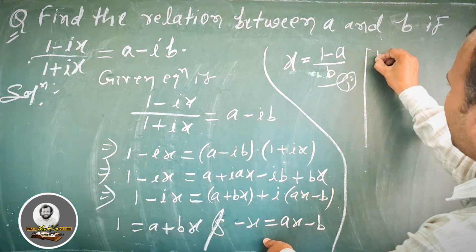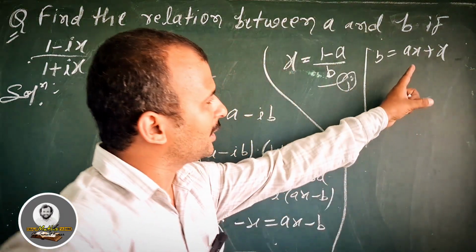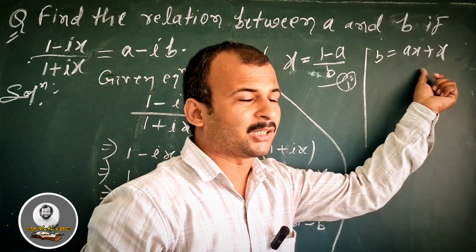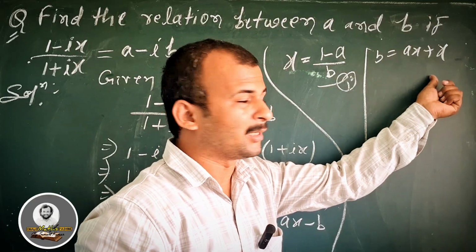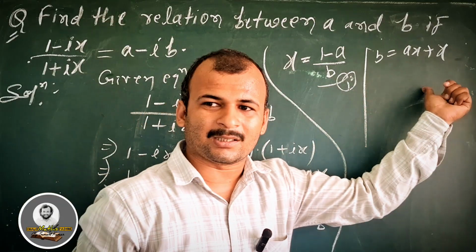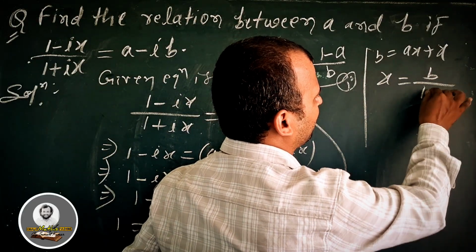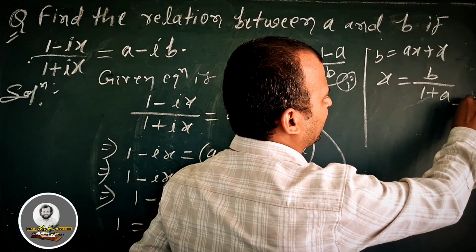So b equals ax plus x, and taking x common from these two terms, we get b equals (1 plus a) into x. Now dividing by 1 plus a on both sides, we get x equals b by (1 plus a). This is the second equation.